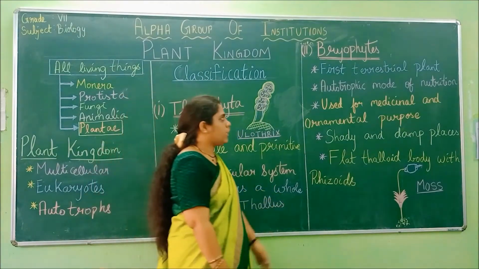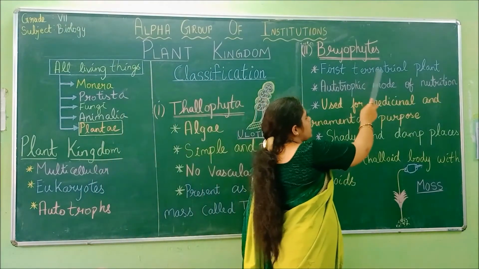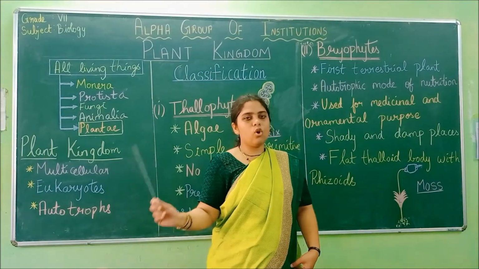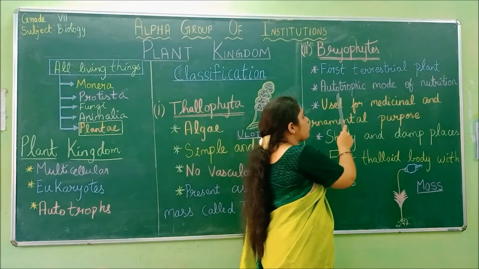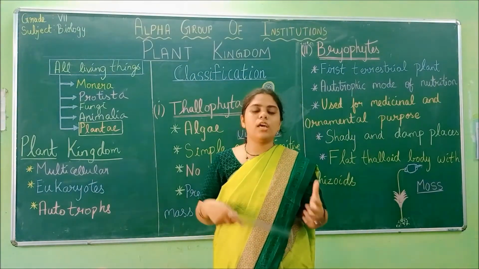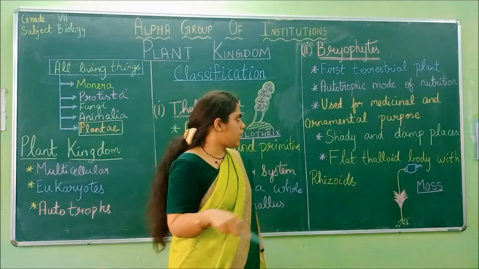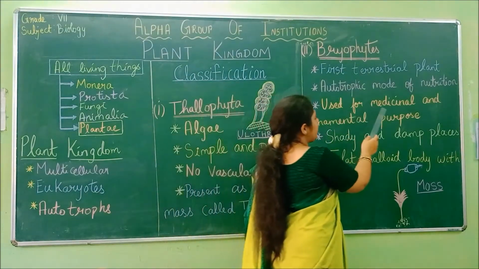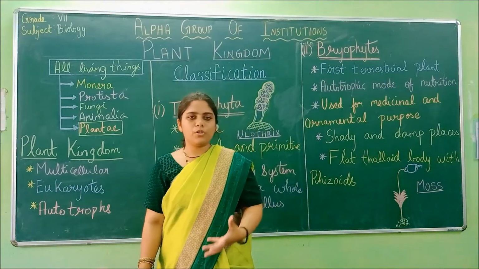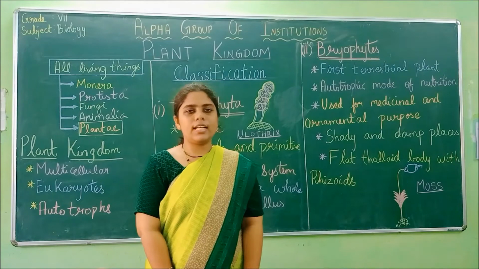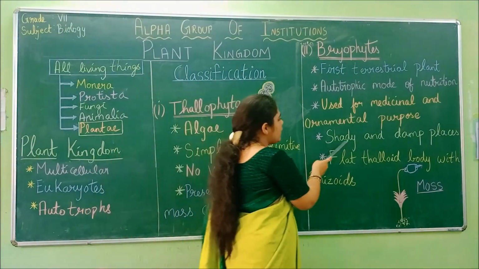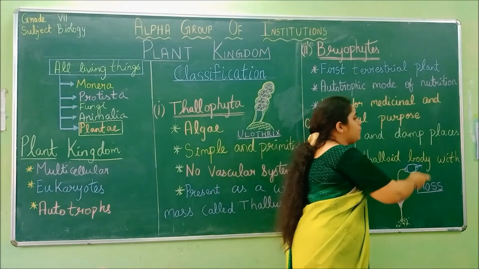Halophyta to Bryophyta. First, they are the first terrestrial plants, that is, they grow on land, and next is autotrophic mode of nutrition, that is, they can produce their own food, and next they are used for medicinal and ornamental purposes. Medicinal means for producing medicines and ornamental means for decorative purposes, and they grow in shady and damp places.